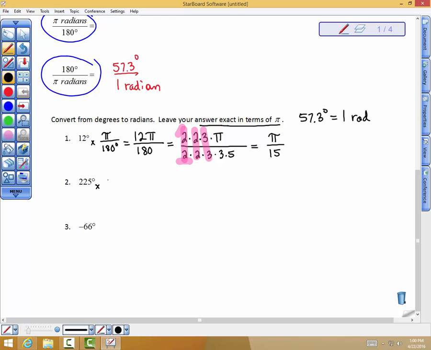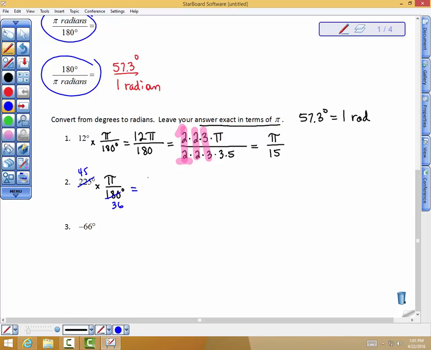Let's do this again. Let's multiply 225 degrees. And if you want, stop the video so that you can reduce the 225 and the 180. I'm going to this time, though, just say that 5 divides into 225 45 times, and 5 divides into 180 36 times.